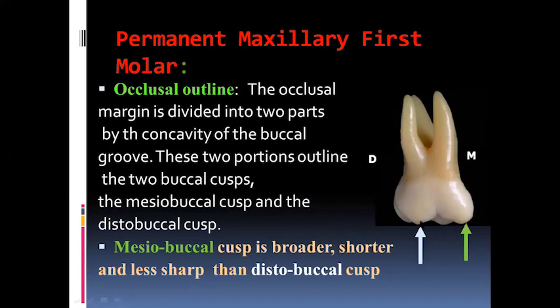This is the distobuccal cusp. The mesiobuccal cusp is broader, shorter and less sharp than the distobuccal cusp.